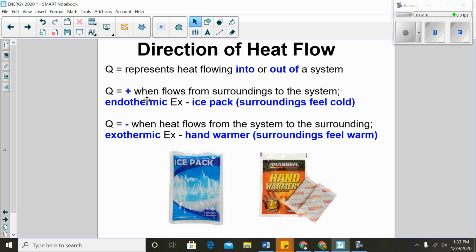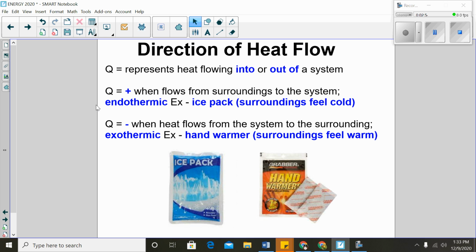Now, the direction of heat flow will be represented with the letter Q and also a positive and negative sign. So, Q is chosen, I think, because it hasn't been used elsewhere, but I really don't know why Q was chosen. I can just guess why H or HE was not chosen to represent heat.